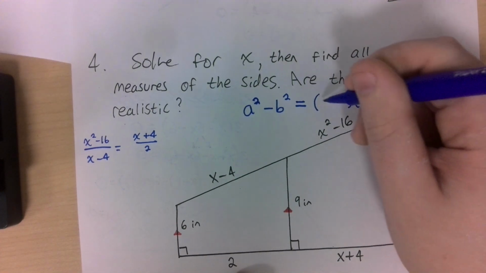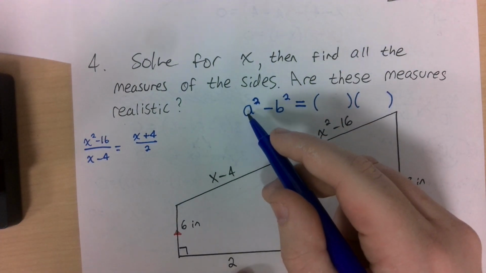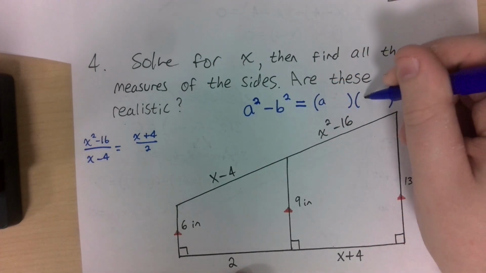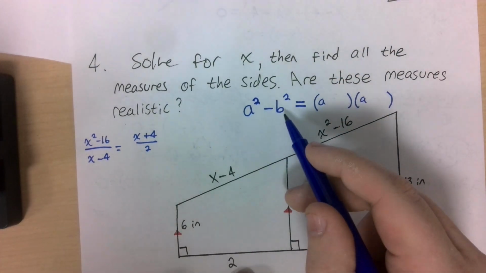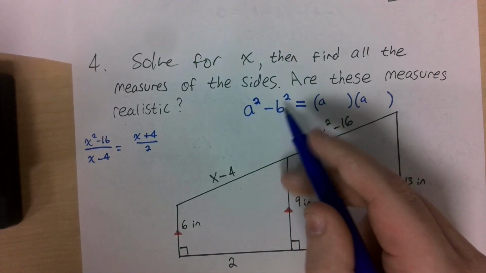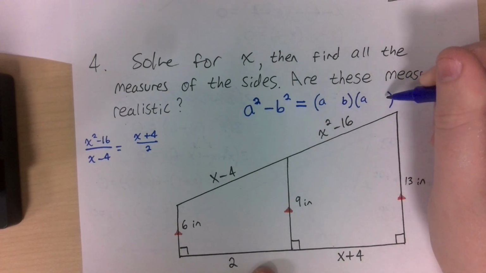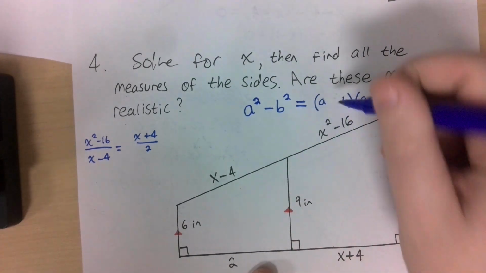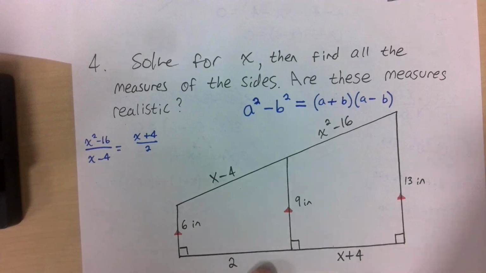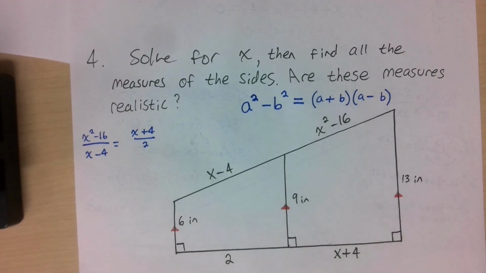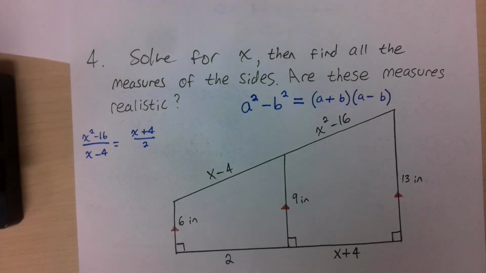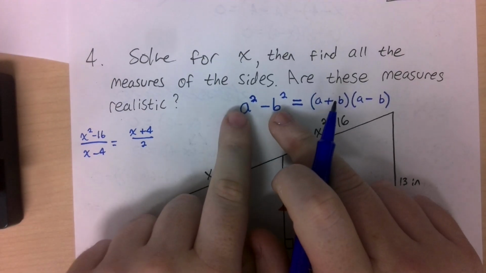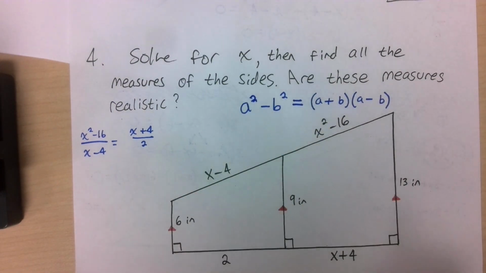Well, I would end up needing 2 things that multiply to make a squared, so I know my first terms have to be a. I need to multiply 2 things together to make negative b squared. So you know they got to be 2 b's, but to get a negative b squared, one's positive, one's negative. This is the difference of squares pattern, and it's a shortcut that you're allowed to use anytime both of your terms in a polynomial are perfect squares.